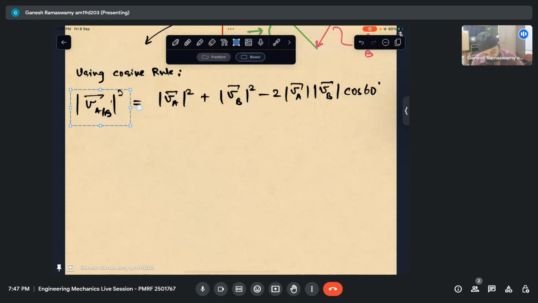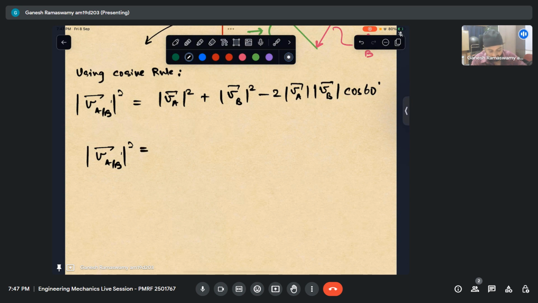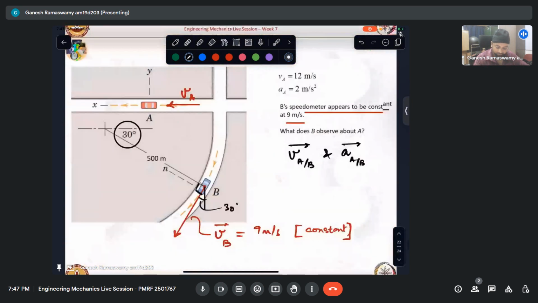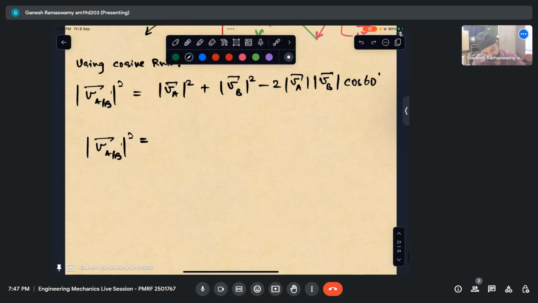The magnitude of VA in the question is given to be 12, and the magnitude of VB we can see is 9 here. So this means 12 squared plus 9 squared minus 2 into 12 into 9 cos 60.